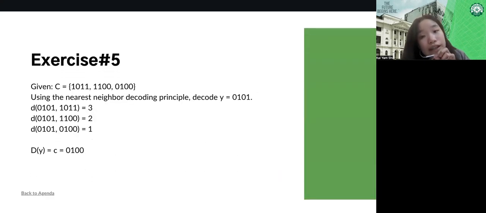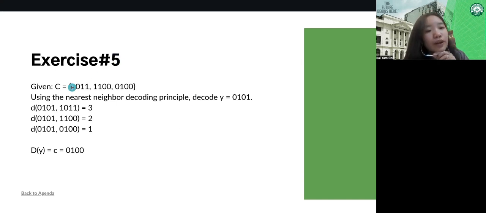So let's have another exercise. The nearest neighbor decoding principle in layman's terms means that when the distance between two code words is the lowest, then that should be the original message.